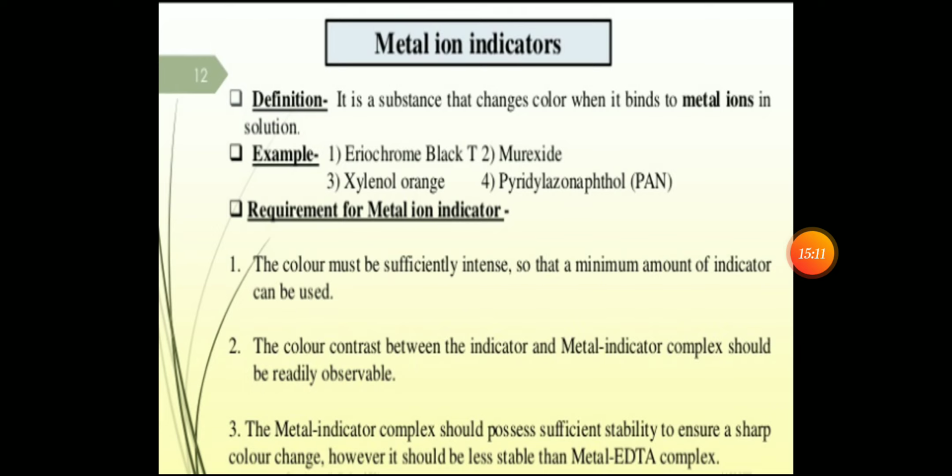Then, if we know the four different indicators, what are the requirements of the indicators? The color must be sufficiently intense so that a minimum amount of indicator can be used. कलर हमें यहाँ easily आना चाहिए और sufficient quantity में आना चाहिए. Then the color contrast between the indicator-metal and the indicator complex should be readily observable. Okay, easily identify the color contrast.